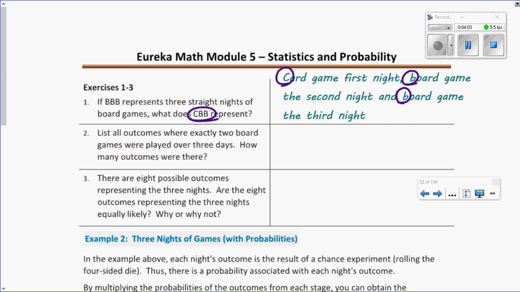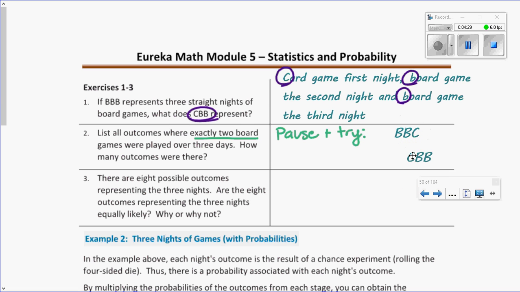List all the outcomes where exactly 2 board games were played. Exactly 2. So pause this and try on your own. Go back to the previous page. Exactly 2 board games. So if we had board game, board game, card game, that would be 1. Or I could do the card game first and the board games second.